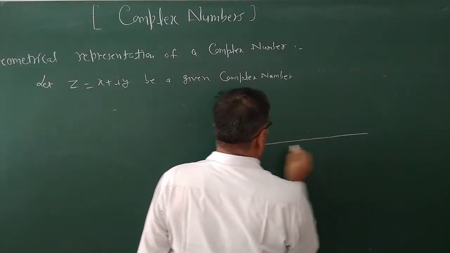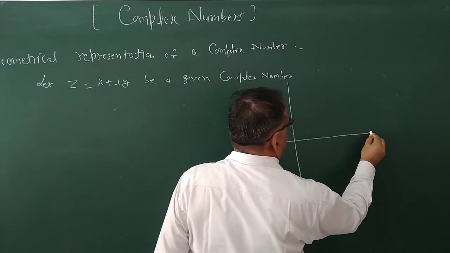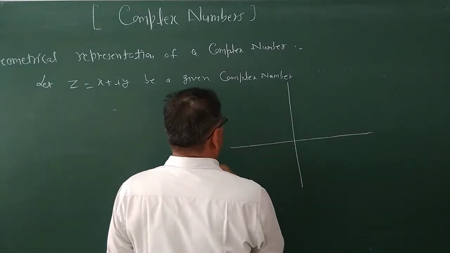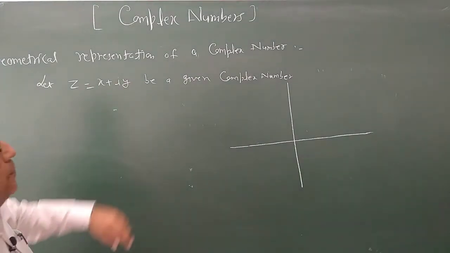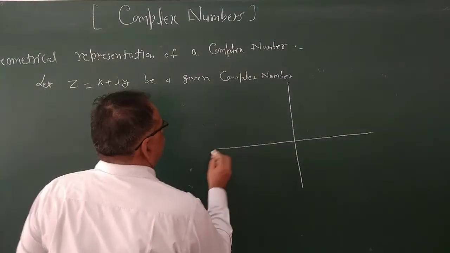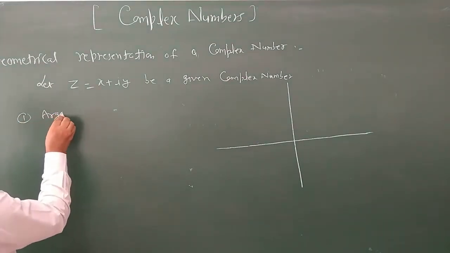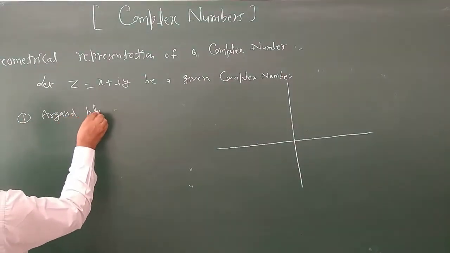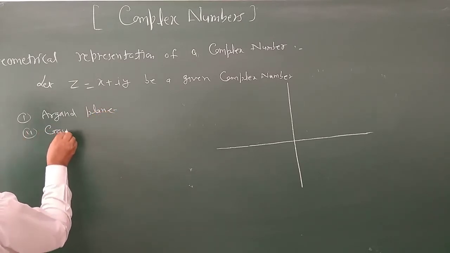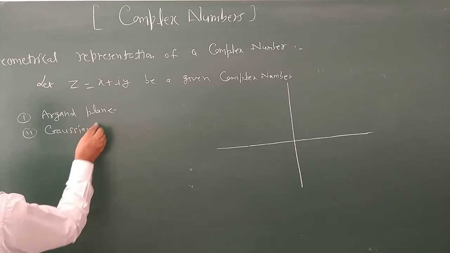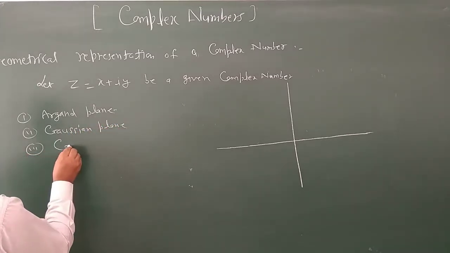So again, here we need a plane for plotting of a complex number. This plane is known as the Argand plane, Gaussian plane, or complex plane.